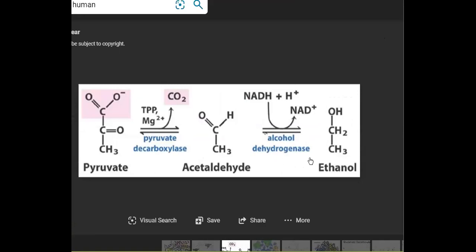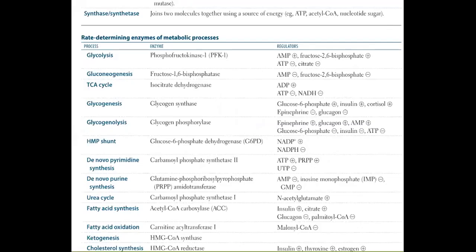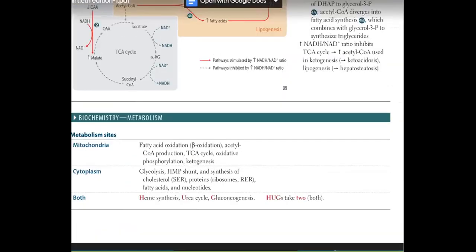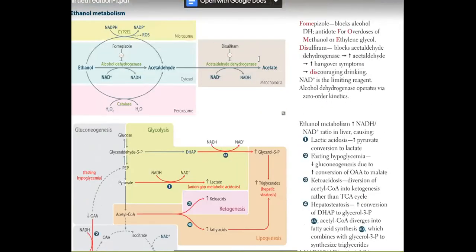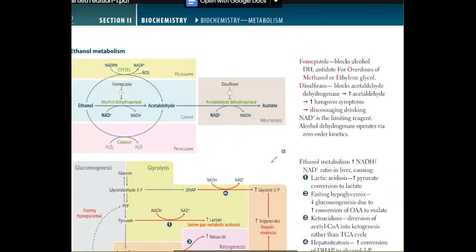You know, ethanol is very important for our body, although it is like alcohol, but why it is important, let me show you. There is another picture in your book on page number 72. I guess we're on page number 73, so let's go to page number 72. You have this ethanol.